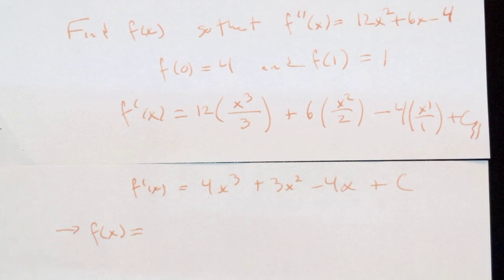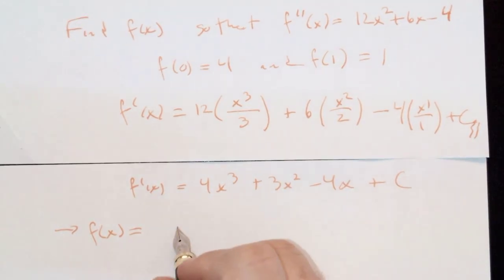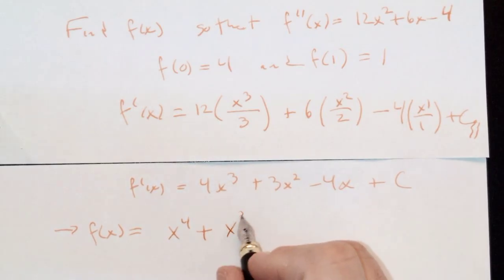When I do the x cubed, the antiderivative is going to give me an x to the fourth over 4. There's a 4 in front. It's going to cancel out. When I do the antiderivative of the x squared, I'm going to get x cubed over 3. There's a 3 in front. It's going to cancel out.